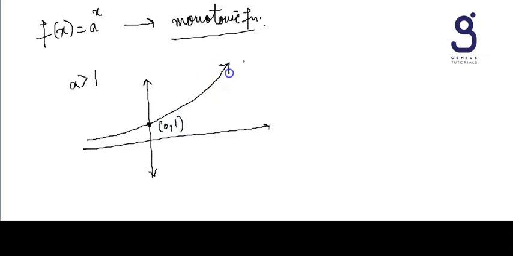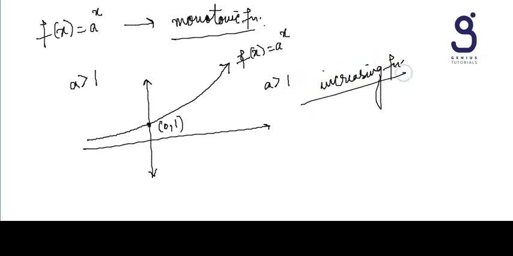This is the graph of f(x) = a^x, where a is greater than 1. This is the graph of an increasing function. So if the base is greater than 1, then this function is an increasing function in its domain R. The domain of this function is R.